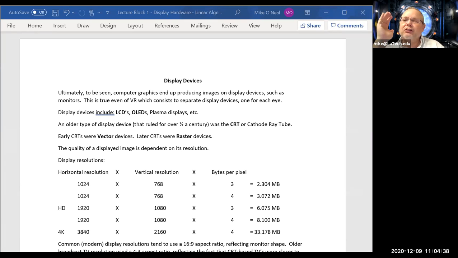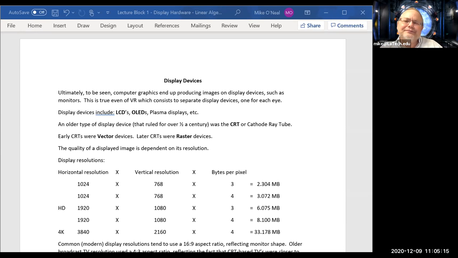Sometimes some of the screens are curved now, but they're essentially all flat. We don't have any kind of holographic displays, and there's a few little tricks that have been out there. In fact, some of the tricks that people think of as new holographic are based on Pepper's Ghost, which dates back to the 1800s. So sometimes new things are actually very old. But most everything that we look at these days, from our TVs to our phones to our tablets to our laptops, we're all looking at flat displays.